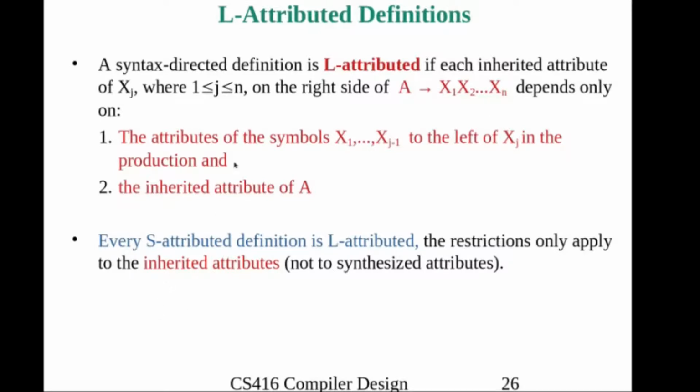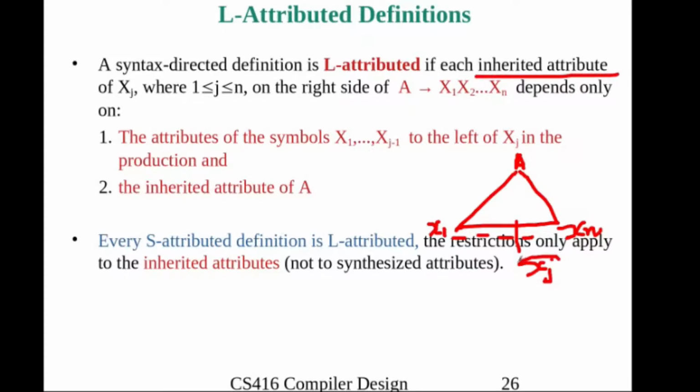Let me give an example. Suppose A gives, see, this is A, then here we write X1 and so on, the last one is Xn, and suppose here we are considering Xj. Then the inherited attribute of this node Xj depends only on the attribute values of the symbols to the left of Xj in the production A gives X1, X2 to Xn, and the inherited value of the parent of Xj.